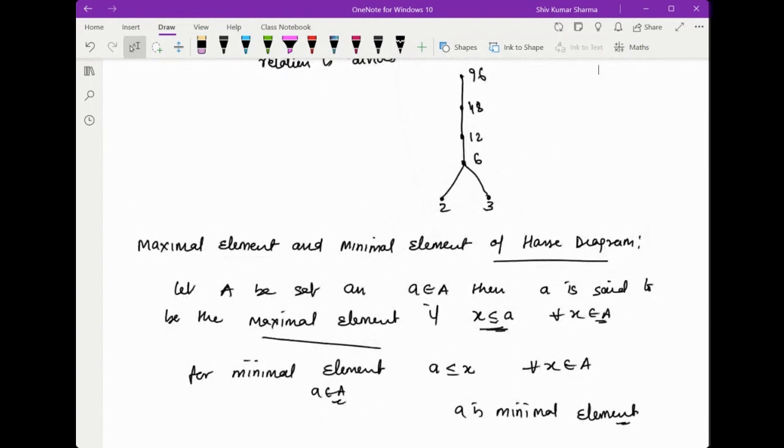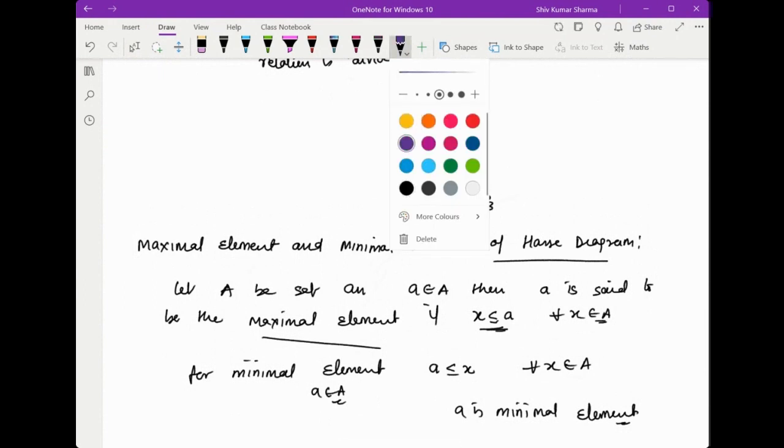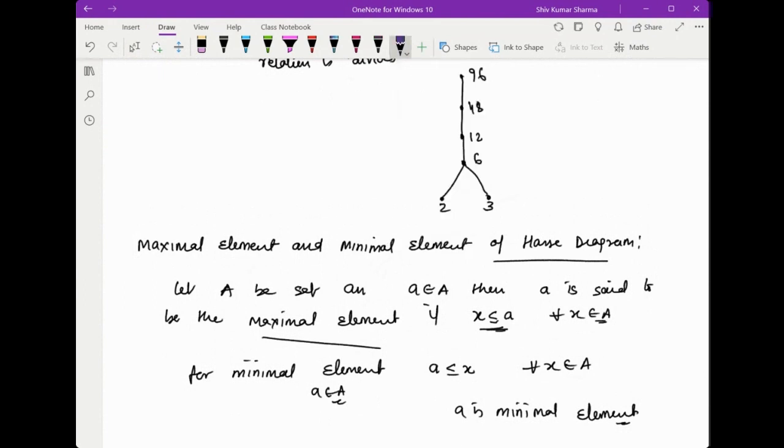We understand the definition of maximal and minimal element, so how do we obtain the minimal and maximal elements of the above example? Tell me about the minimal elements of this diagram. 2 and 3. The minimal means the lowest element. Apart from these two elements, there is no other lowest element in the set; all the other elements are higher, bigger elements. That is what we wrote, a less than or equal to x.